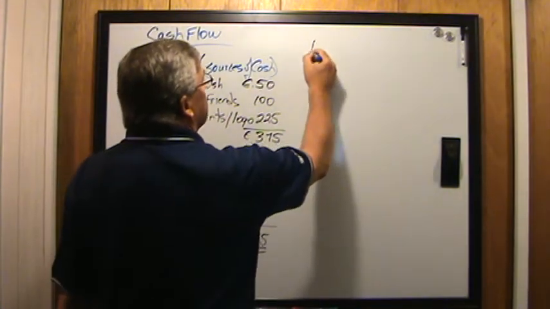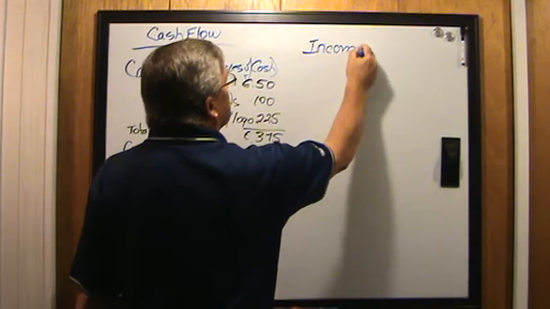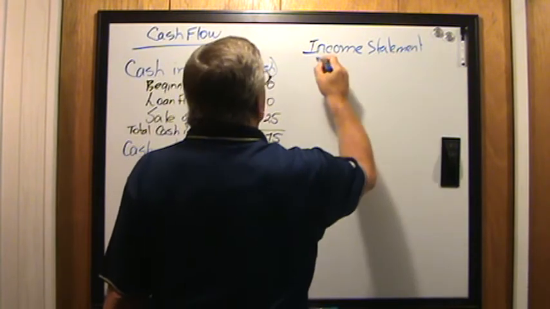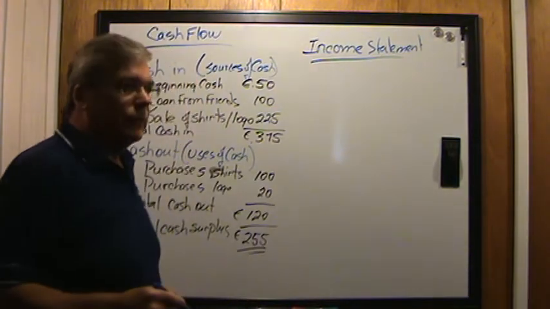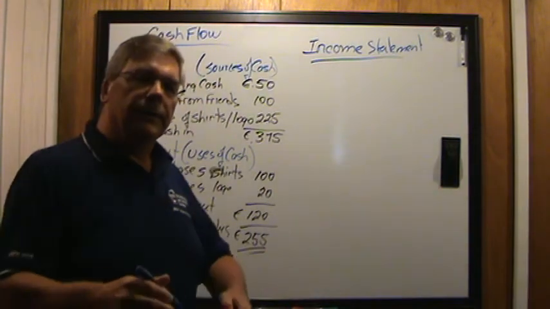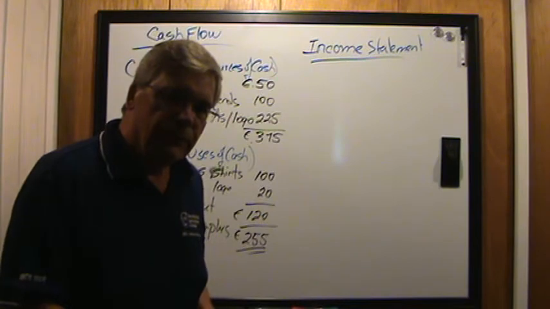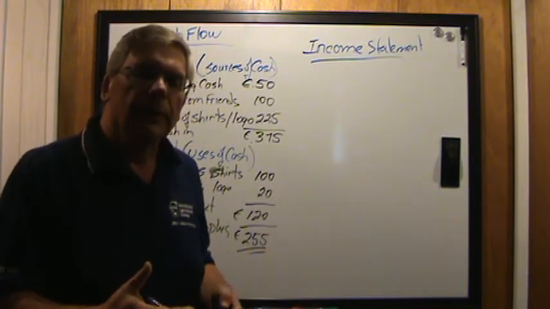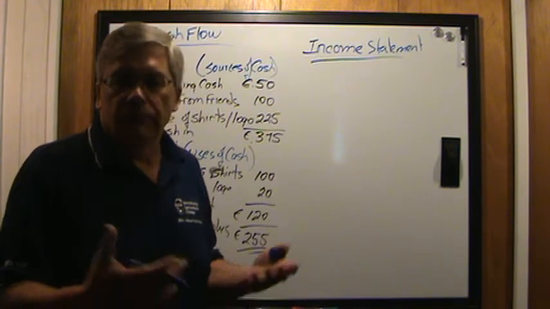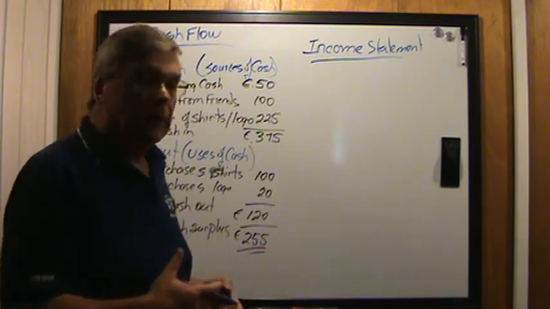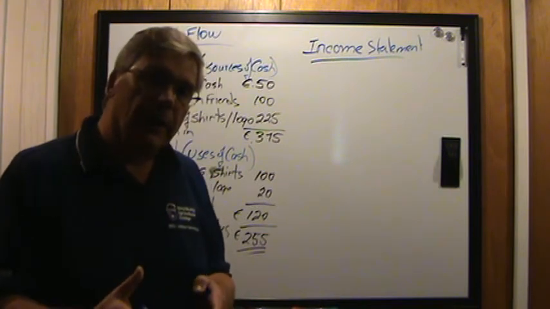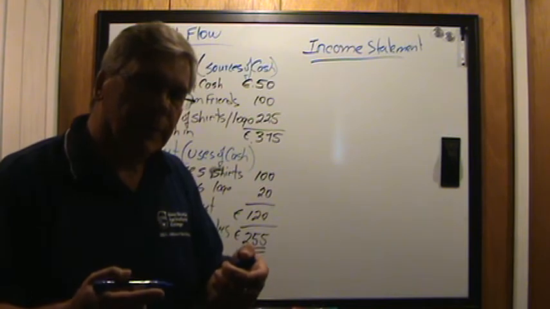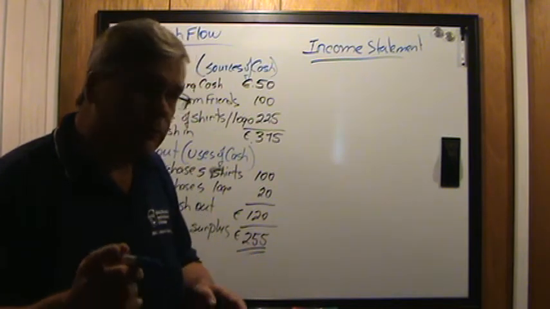So the income statement is essentially looking at all of the revenues or sales of things sold by the business as the business operates, and all of the expenses that are incurred in order to earn that revenue. Okay, and that's a very important point. I'll stress it again in a minute.